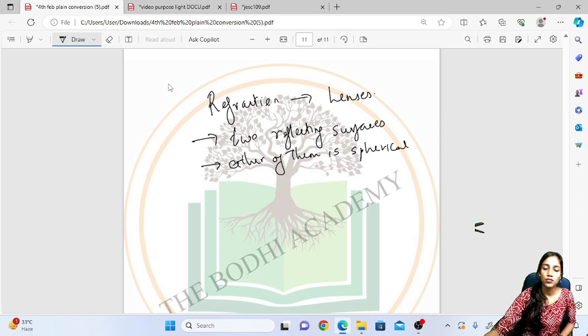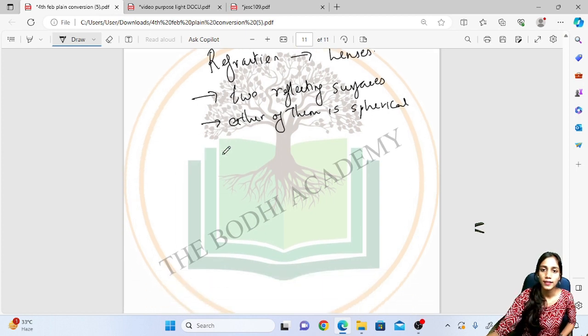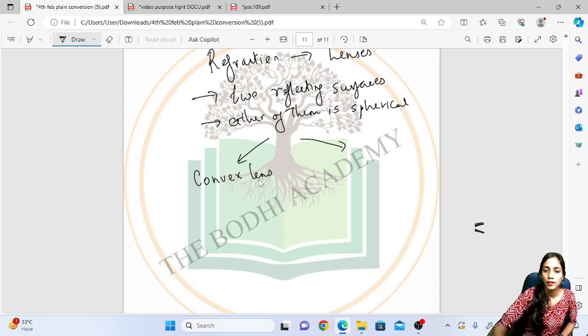I will just introduce to you now the two lenses. Among them, the first one we have is the convex lens. The second one is the concave lens.